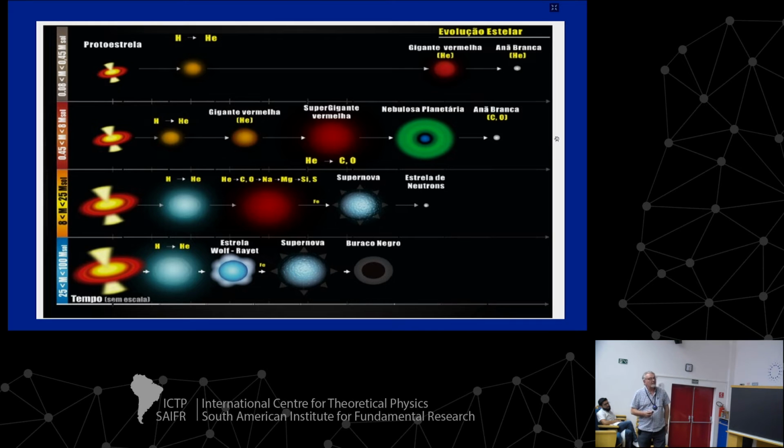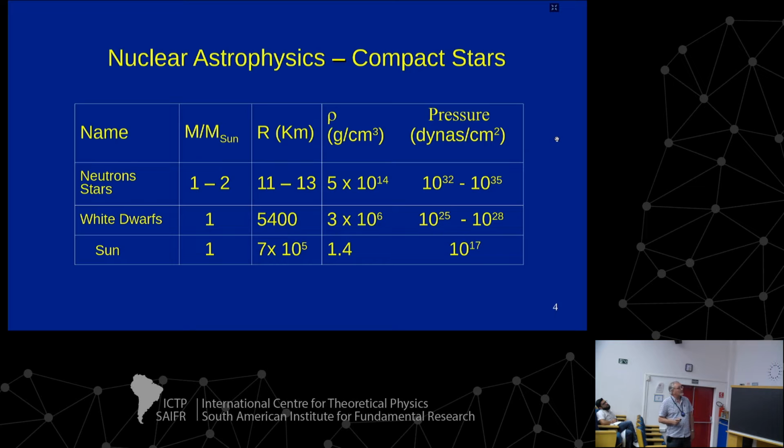So the white dwarf has the size of our Earth, and here you have 10 kilometers. If it's above 25 or 30 to 100, when you have this bounce, the neutrons inside cannot support the collapse, and you have the black hole.